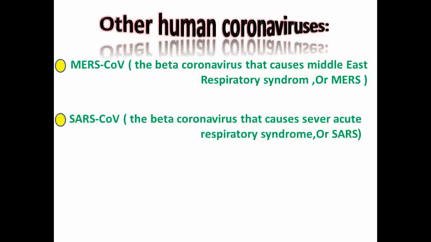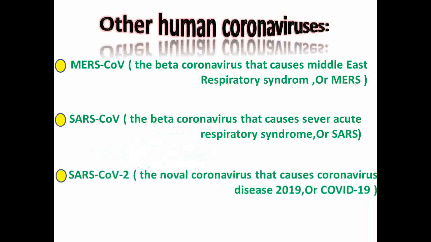Second one, SARS coronavirus, the beta coronavirus that causes severe acute respiratory syndrome, or SARS. Third one, SARS coronavirus 2, the novel coronavirus that causes coronavirus disease 2019 or COVID-19.